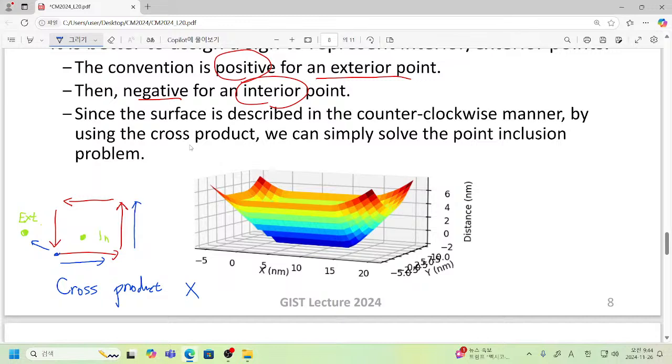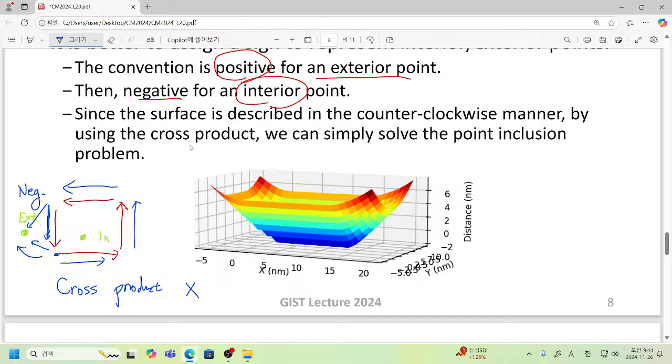This and that still gives us a positive. And if we consider this one, this and that once again gives positive. But the point is, for this last one, if we calculate the cross product between this vector and another vector, it gives the rotation from here to there, a clockwise rotation. So that will give us -1.